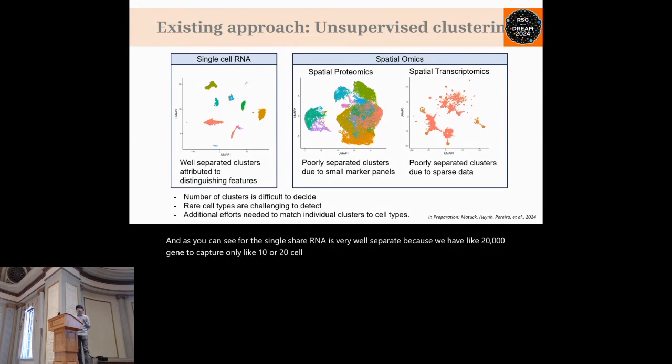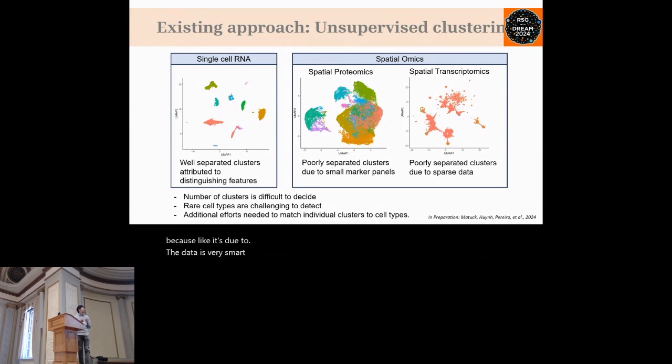However, for the spatial proteomic, we only have around 56 markers to capture the same number of cell types. And for spatial transcriptomic we have around 300 to 5,000 genes, but it's also very poorly separated because the data is very sparse.